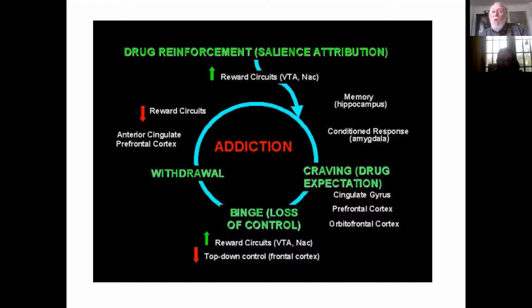So now, even in the home cage, waiting to be put into the test cage, the animal is now exhibiting craving and expectation of the drug, which is increased activity in the cingulate, prefrontal, and orbitofrontal cortex.